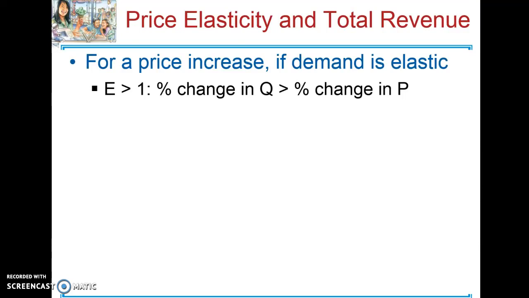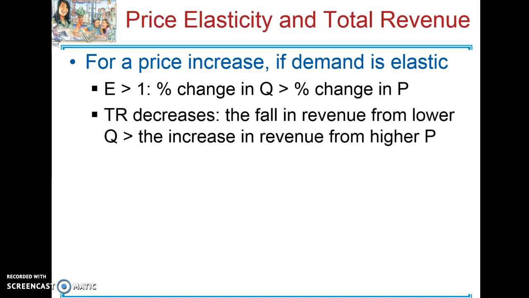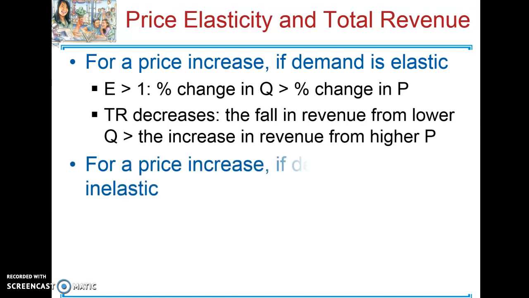So for a price increase, if demand is elastic, elasticity greater than 1, the percentage change in quantity would be greater than the percentage change in price. So your total revenue would fall.